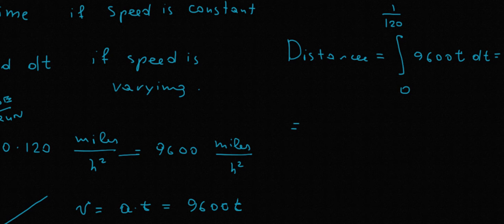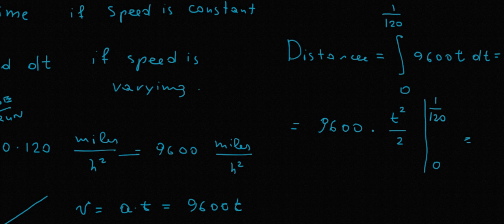Okay. To calculate the integral, we use the fundamental theorem of calculus. We'll look for the antiderivative of the function that we're integrating, which is easy to find here using the power rule. 9600 multiplied by t squared over 2. This is the antiderivative, and we will plug in the endpoints of the interval of integration, 0 and 1 over 120 for t, and take the difference of those values.